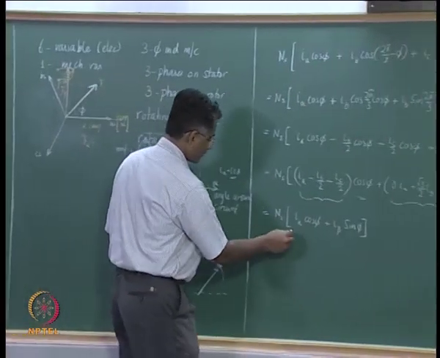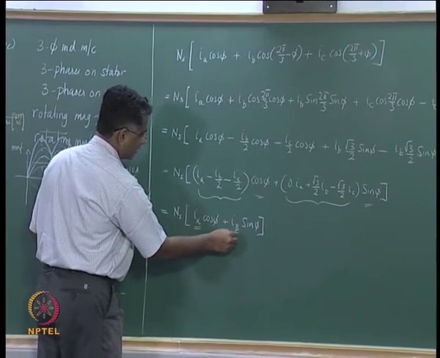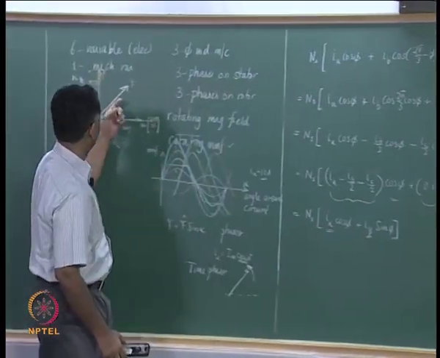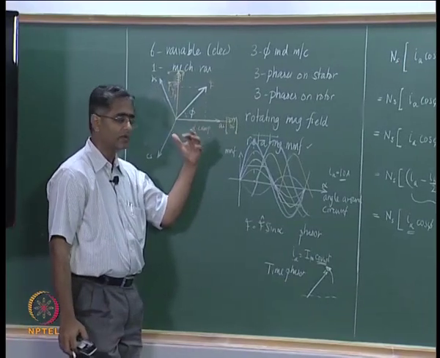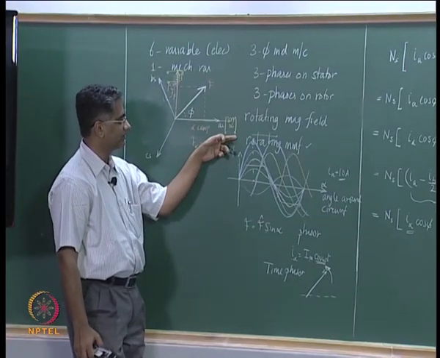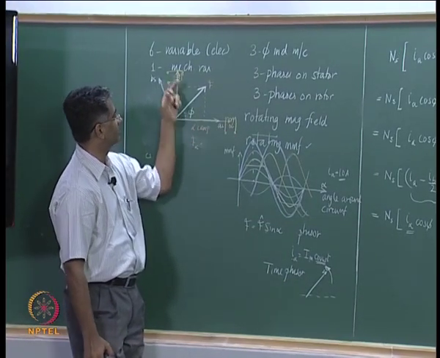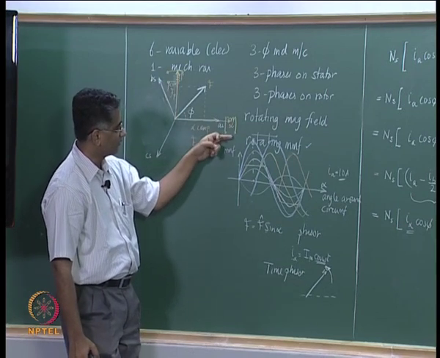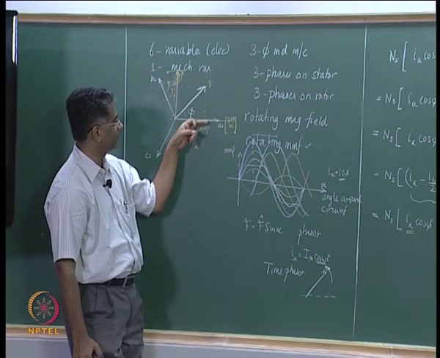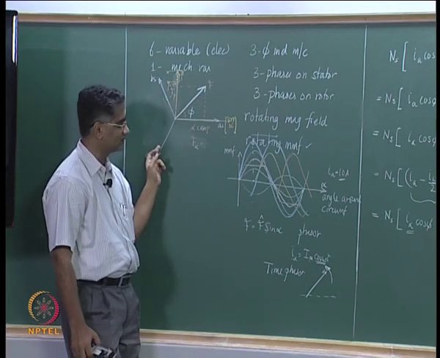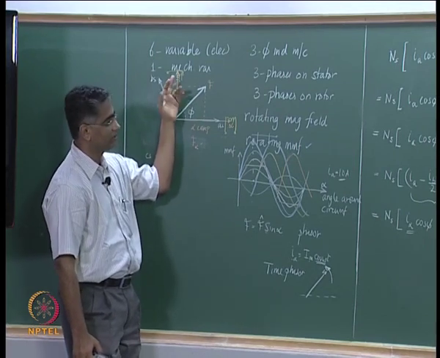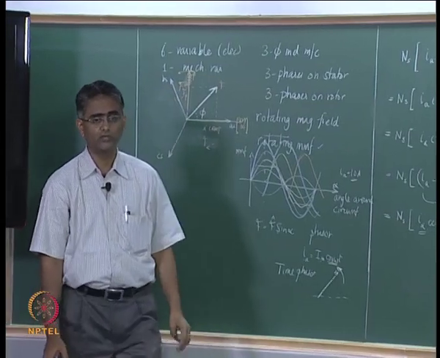So, one can now regard the net MMF that is being produced as having been produced by two excitations alone, something here and something here. Now, the flow of current here is a combination of the currents flowing in A, B and C axis. Similarly, the current flowing here is a similar combination of the three currents.